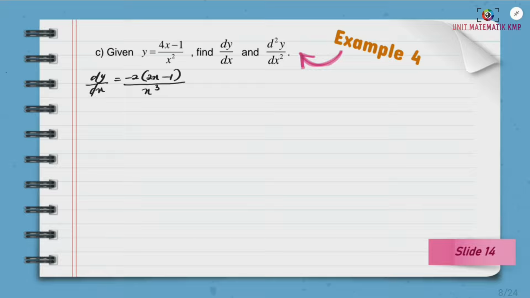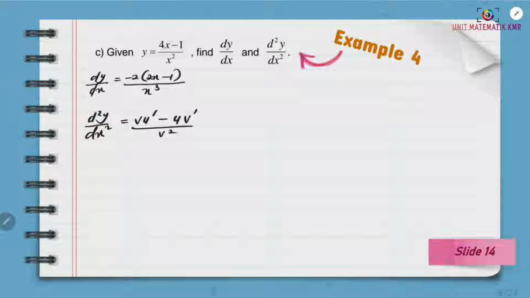To differentiate for the second derivative d2y/dx squared, we can follow from dy/dx. Now we differentiate again with respect to x. We write d2y/dx squared using the quotient rule: v times u prime minus u times v prime over v squared.